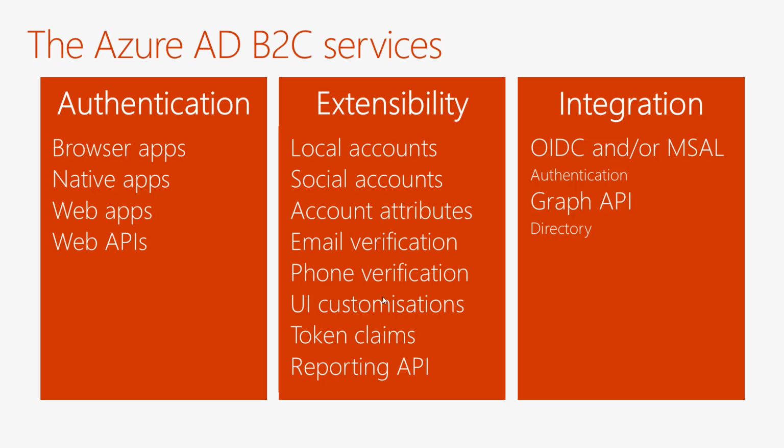Also, it is very extensible, which is why developers like it so much these days. It provides local accounts, social accounts, and also account attributes that can be customized. Email verification can be used, also phone verification. UI customizations are a big winner. Also, token claims can be customized, and reporting APIs can be customized. With the integration, it provides Graph API into the directory, and also OIDC and MSAL for the authentication side of things.